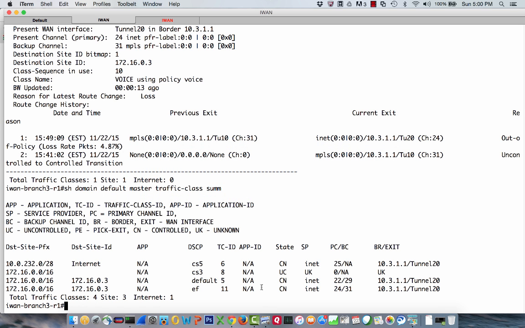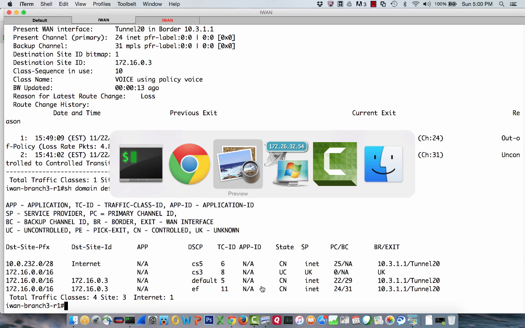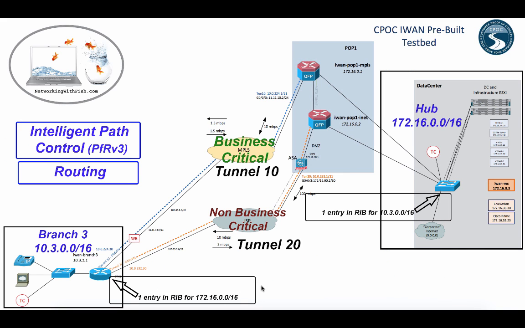Why EIGRP? Why BGP? What does that do? How does that help with the magic here of having one entry in the rib? How did we ever even think about going over here? And why can't we do that with OSPF? Here's the beautiful thing. We want to make intelligent decisions at the WAN edge.